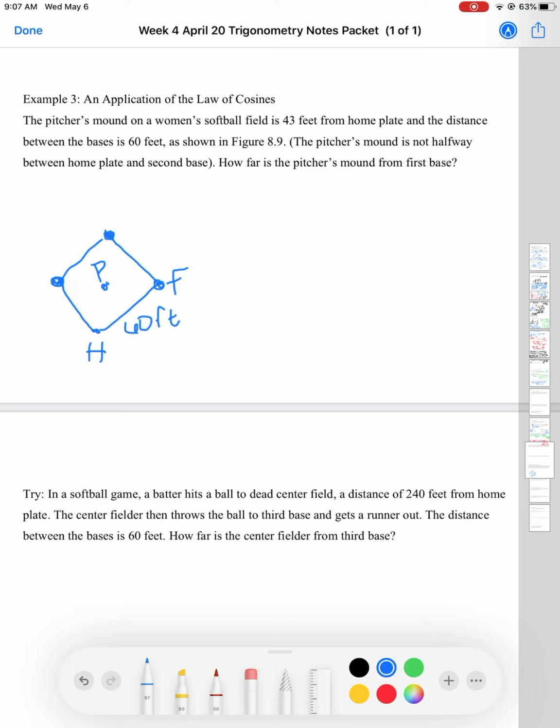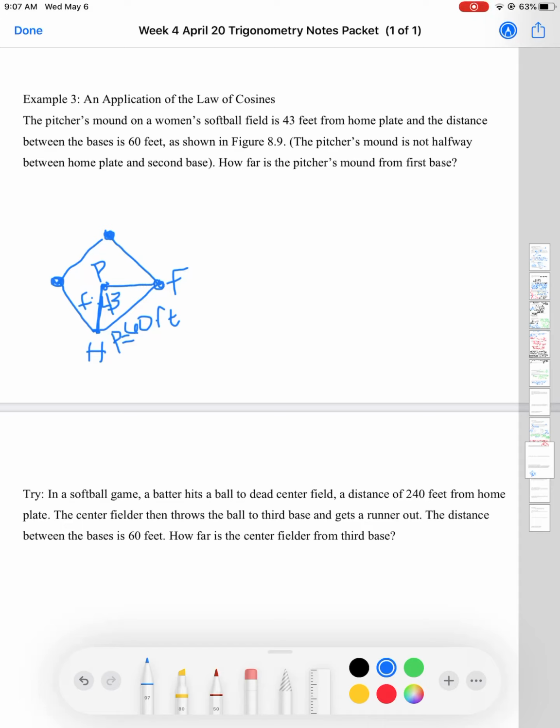This right here is 43 feet. So little f is 43 feet. This would be little p, which was 60 feet.